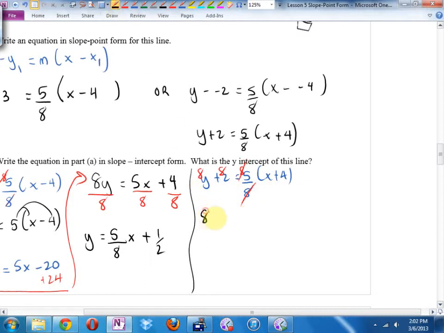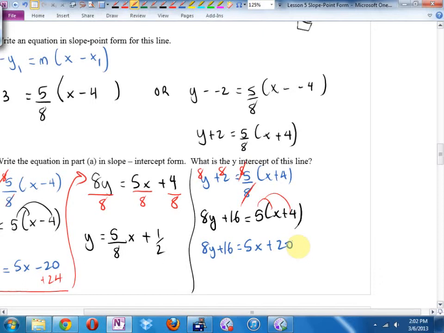I would get 8y plus 16 equals 5 bracket x plus 4. Now what? Oh, expand. I would get 8y plus 16 equals 5x plus 20.